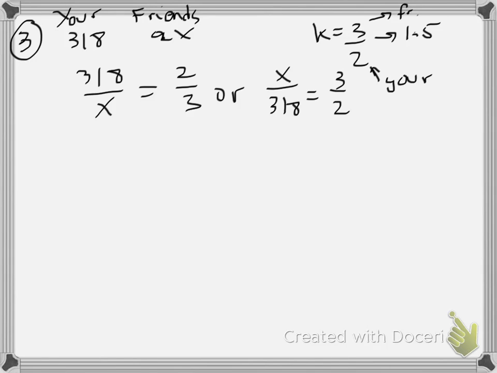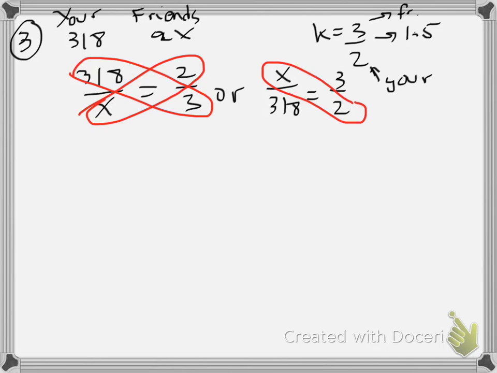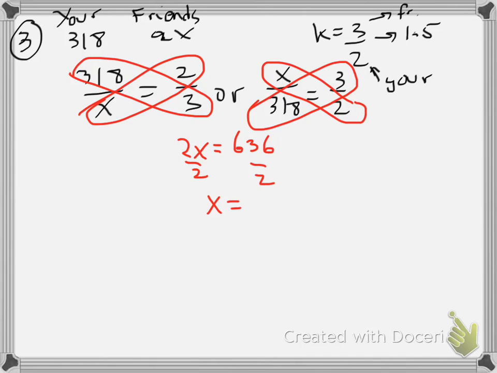I don't care which way because you're going to get the same answer. You're going to get 3 times that, 2 times x. Here I get 2 times x first, and 3 times 318. So it gives you the same. Both of them give you the same answer. 2x equals 636, divide by 2, divide by 2, x equals what?